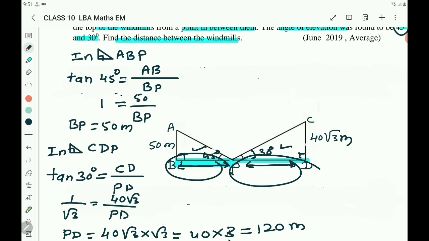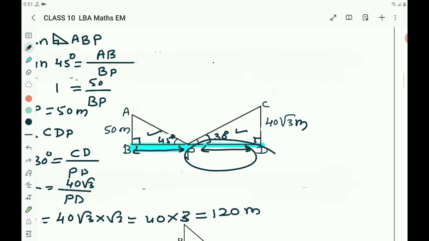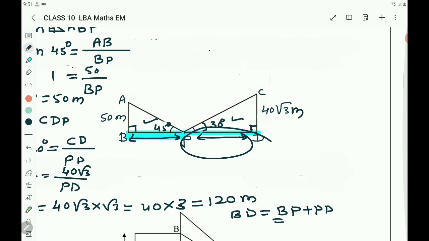This is 120. This is 50. 120 plus 50 is 170 meter. The distance between the windmill is 170 meter. Then you write BD is equals to BP plus PD equals what?